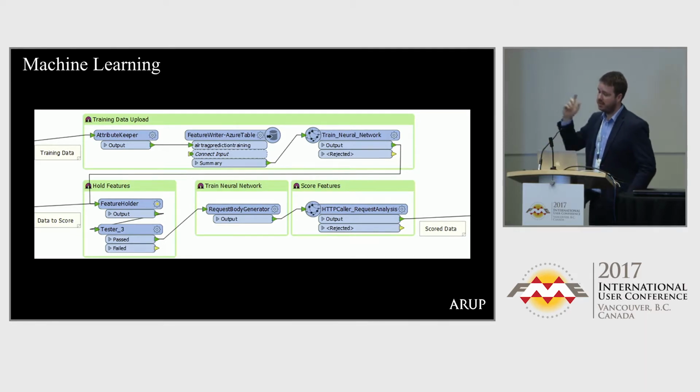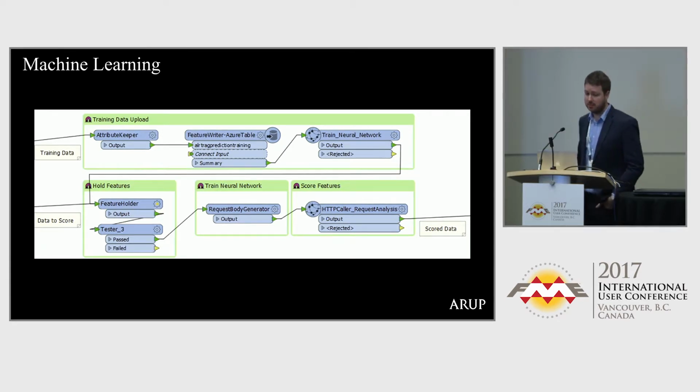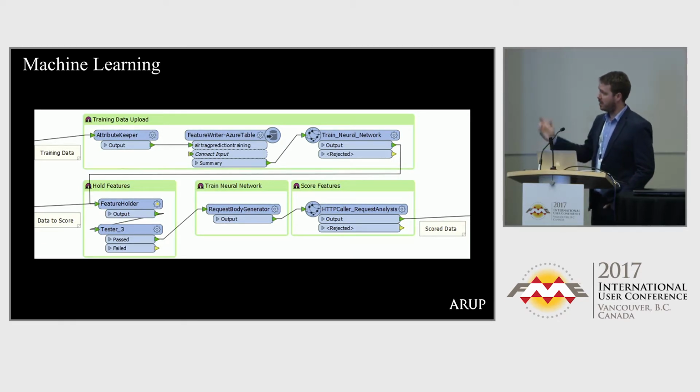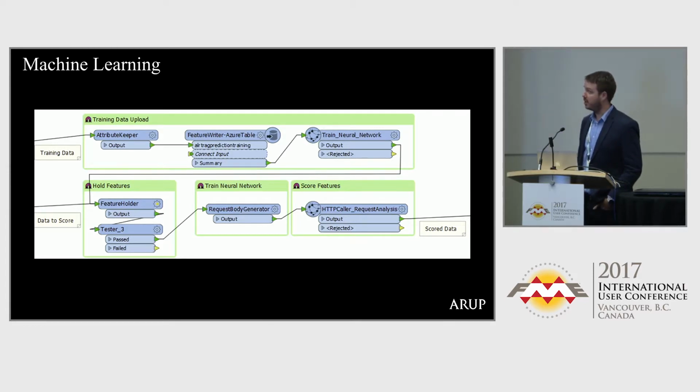So we pushed all the training data up into an Azure table on Azure. And then we actually had a neural network as well. So we trained the neural network, which is effectively just an HTTP caller, so nothing too fancy there. And then, because of the amount of time it would take to train that, we put a feature holder in, just to stop everything from trying to punch through before the neural network was trained.